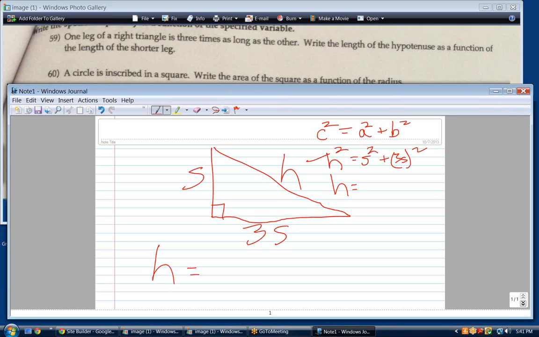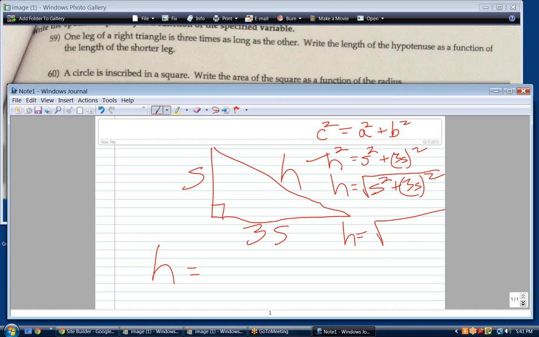Is it 4S? Or, wait. Well, we got to square these, and then we got to take the square root of everything. So when I solve for h, I got to take the square root of the right side. Right. Okay. What's h equal to?